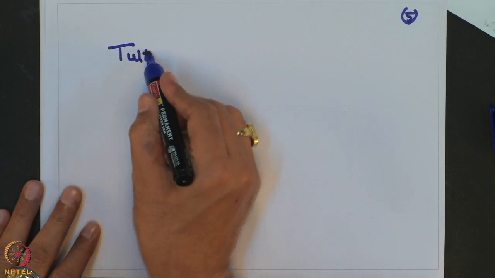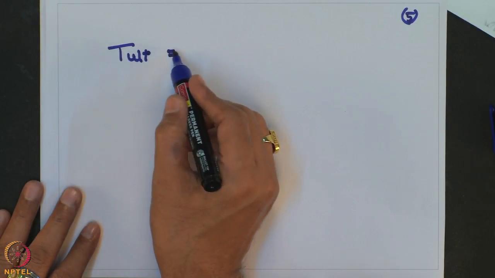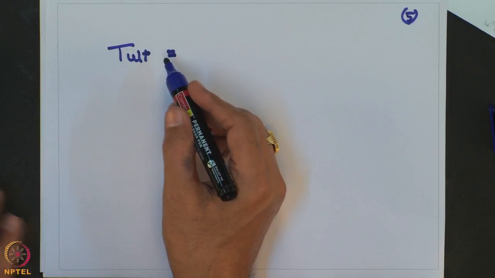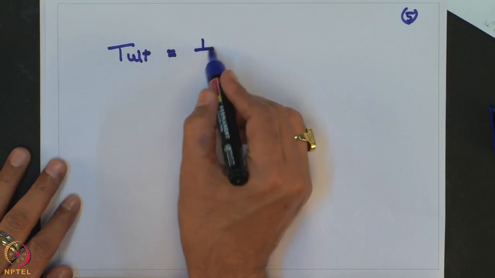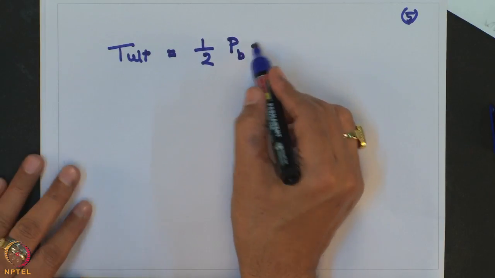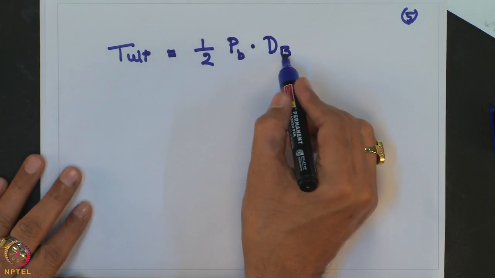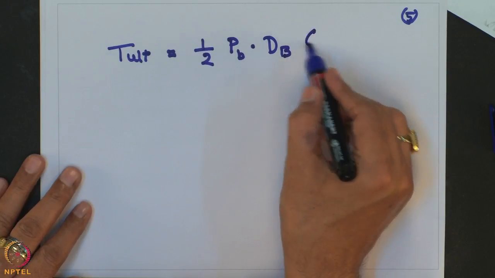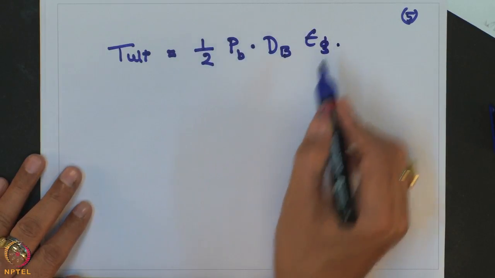So, the ultimate strength of the geotextile can be written as T ultimate is equal to half into P_B into D_B into epsilon_g.